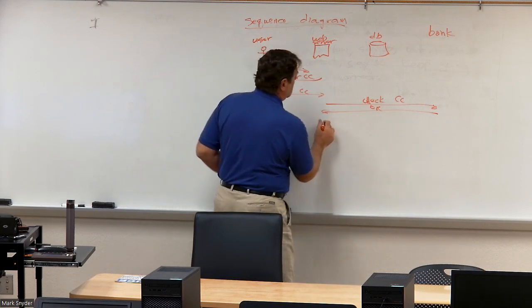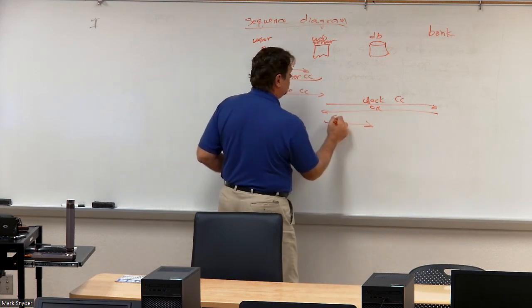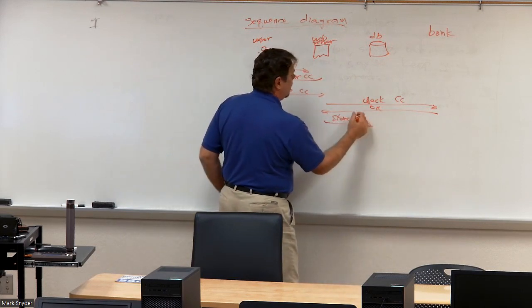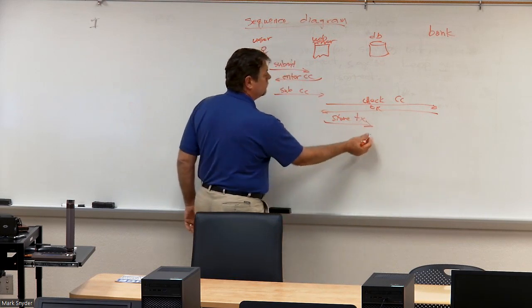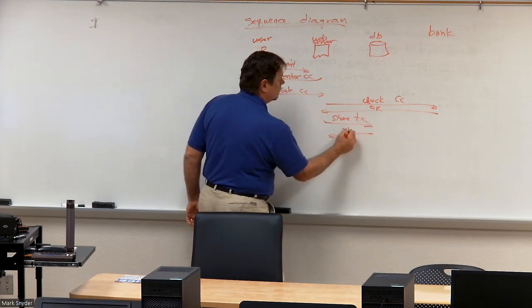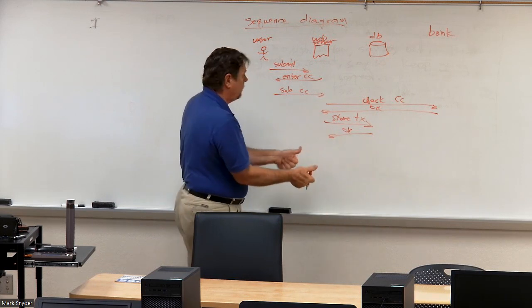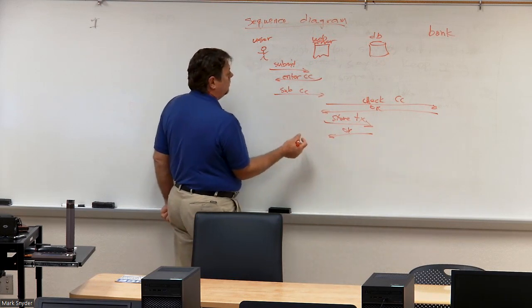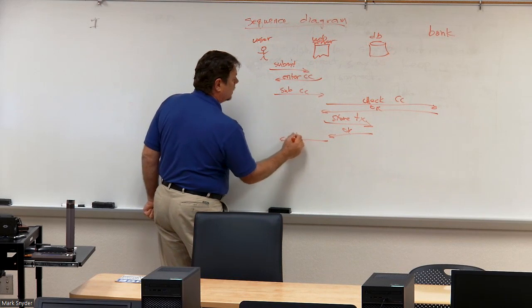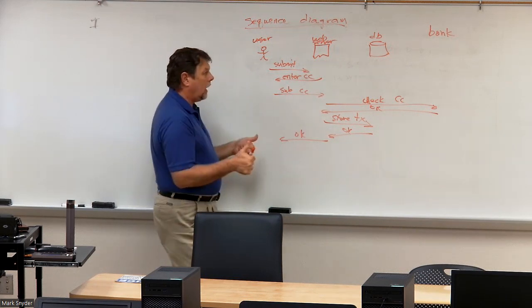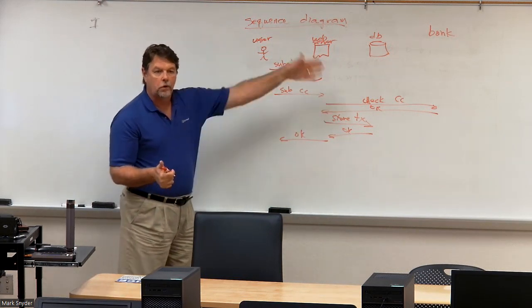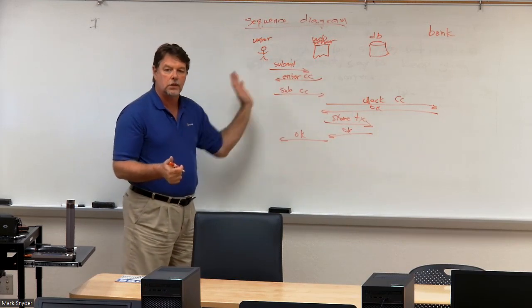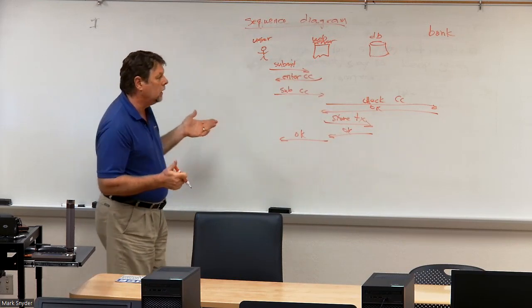So then we say, store transaction. The database says, okay, I stored it for you. And then we return to the customer and we say, okay, you just bought it, right? That's more of a realistic kind of transaction that would happen in a software environment.